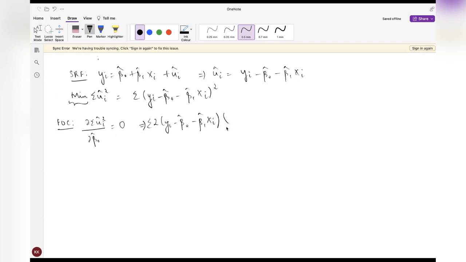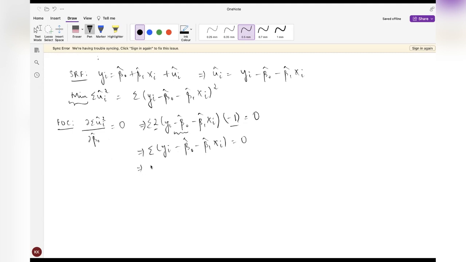And using the chain rule, because we are differentiating with respect to beta naught hat, this will give us minus 1 is equal to 0. Now taking 2 and minus 1 to the right hand side will leave us with summation of yi minus beta naught hat minus beta 1 hat xi is equal to 0.